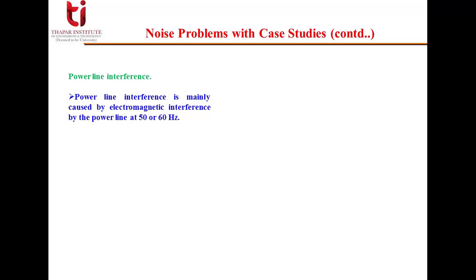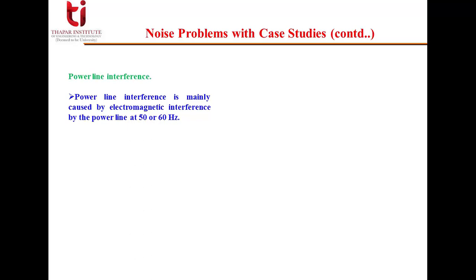Now we can see where this interference is coming from and how it can interfere with our biomedical signal recordings. When we record a biomedical signal in a room with electricity, the electrical lines act as a source of electromagnetic interference at power frequency, maybe 50 or 60 hertz.